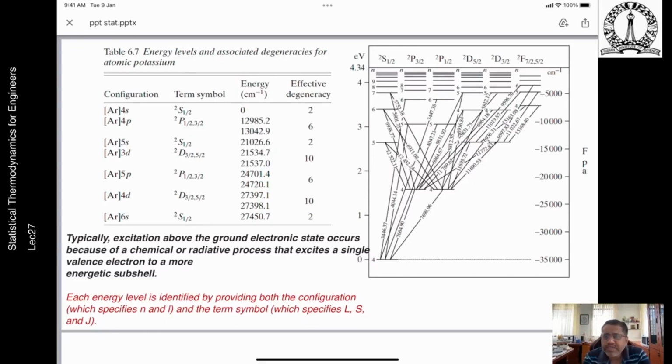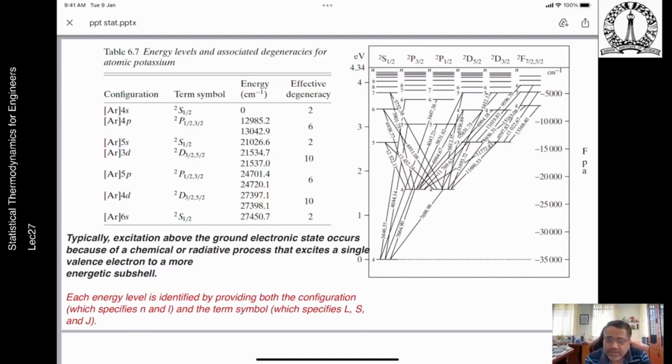These are the different energy levels, and if you look at the diagram on the right hand side, this is also portrayed by the allowable transitions. So this is basically the energy diagram.